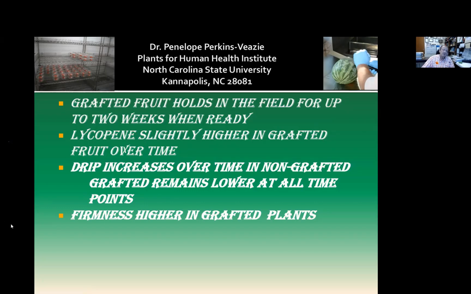If you've been buying fresh cut, they always seem to elevate those so that those aren't sitting in the fluids of the watermelon. But the grafted fruits seem to have less ability to break down. They're much firmer and they hold up longer on the grocery store shelf. So you'll notice that difference.